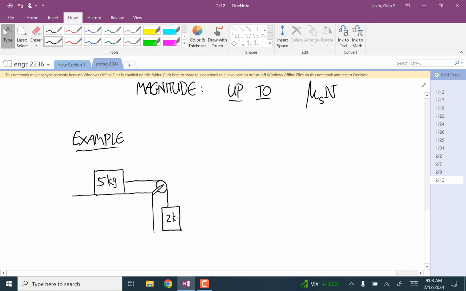This is 2 kilograms. Let's say that at the instant shown, the system is moving this way, and the coefficient of kinetic friction is, let's call it 0.1. Okay. What's the acceleration vector of the 5 kilogram mass?